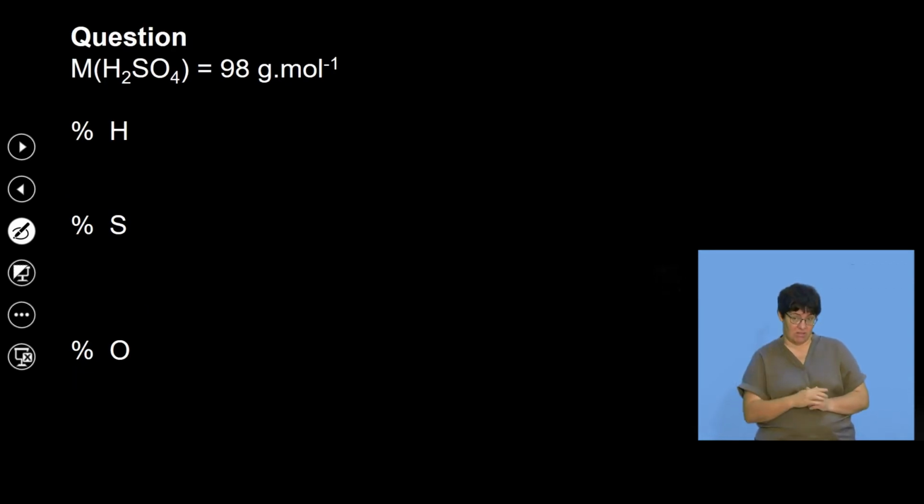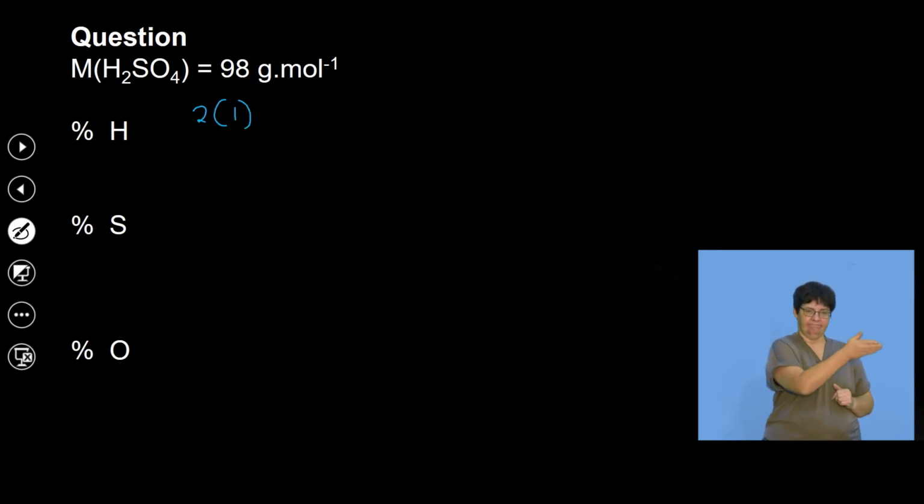Now, if we were to determine the percentage composition of each of those elements that make up this substance, we've got hydrogen, sulfur, and oxygen. So for hydrogen, we'll say 2 multiplied by 1, because there's 2 of them and the mass of each one of them is 1, divided by 98.